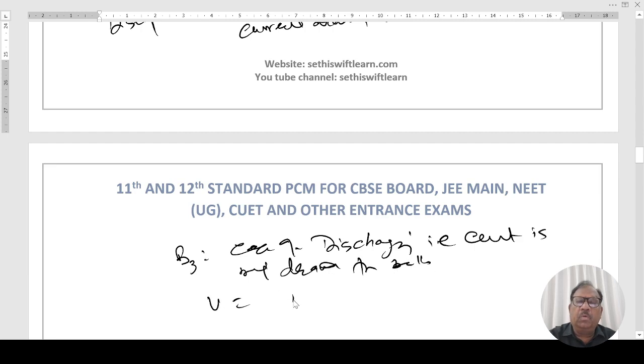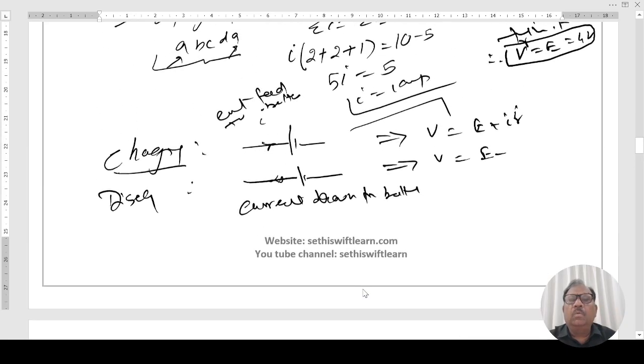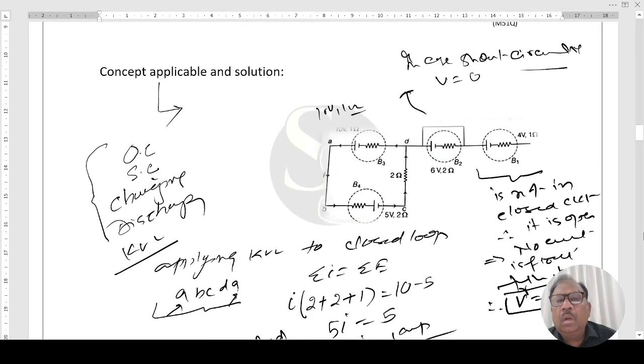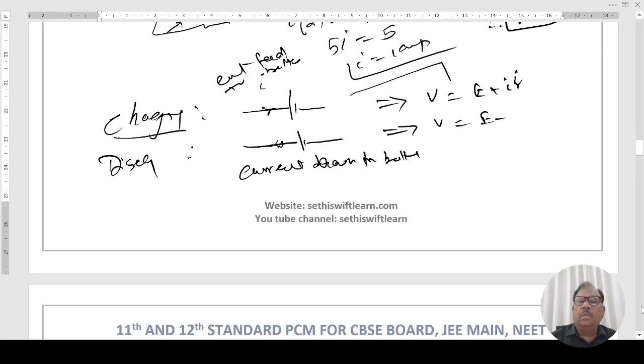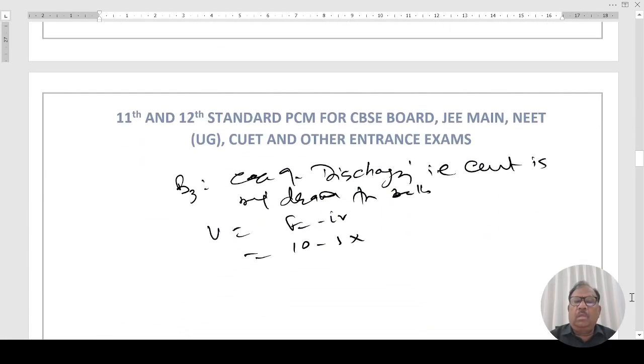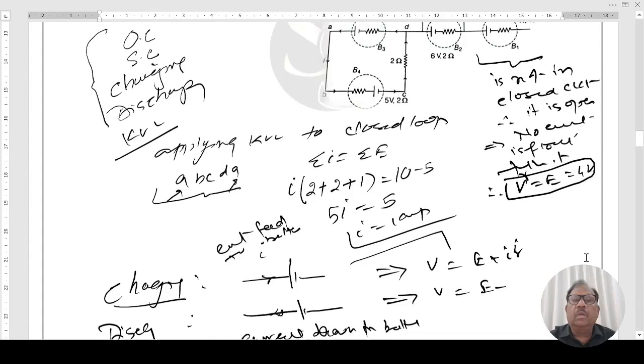So V will be equal to E minus IR. 10 volt minus 1 into 1, this comes out to be 9 volt. Right? Current is 1.